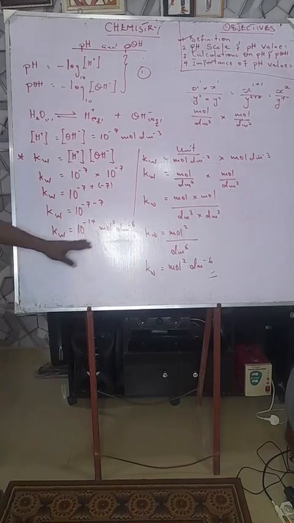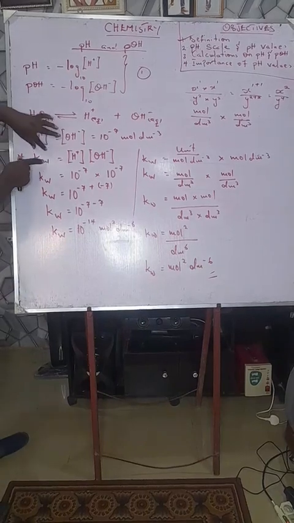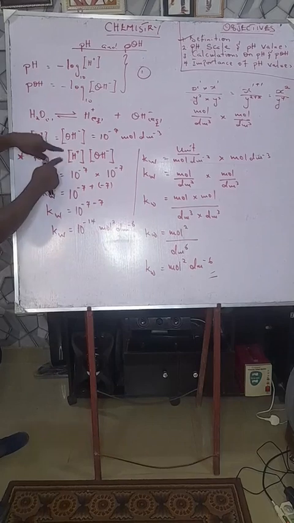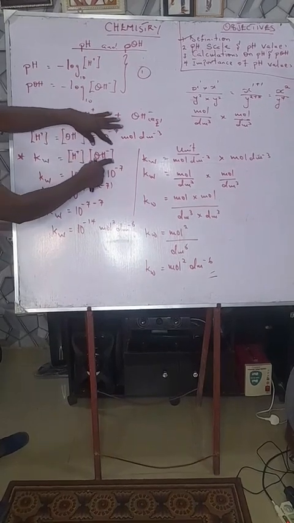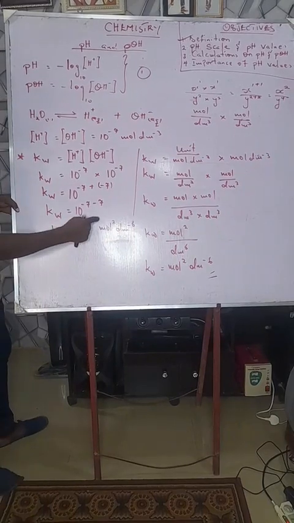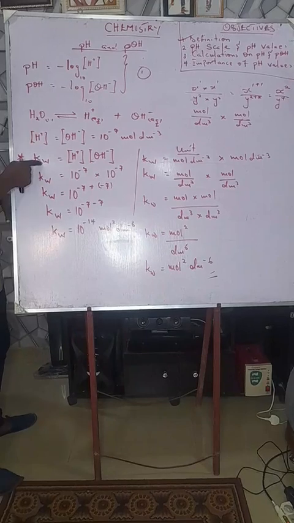So that is that. Now, what does that mean? Come back to this place. It means Kw, what's the value of Kw? 10 raised to power minus 14 is equal to this concentration times this concentration. It means I want to substitute my 10 raised to power minus 14 for this.